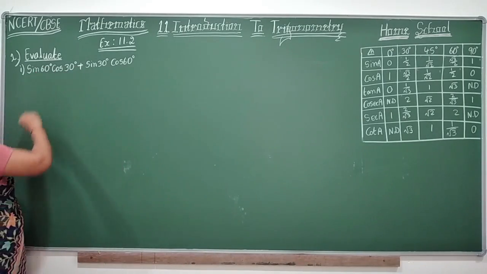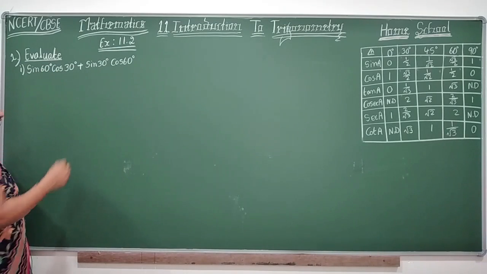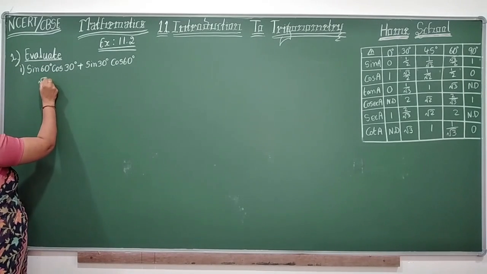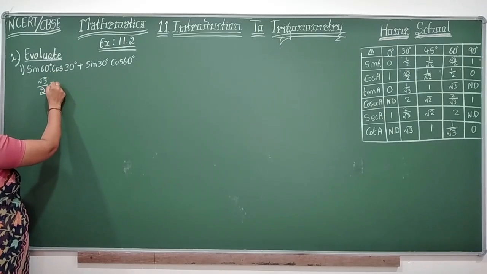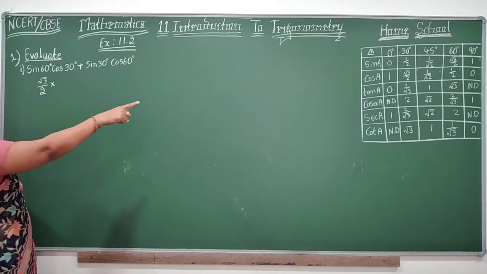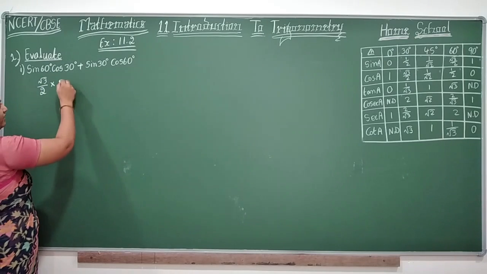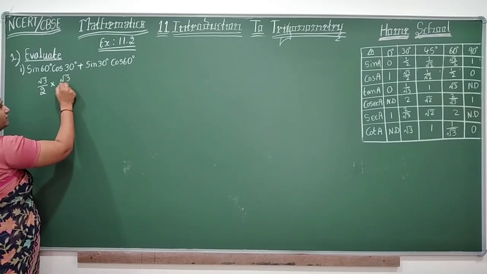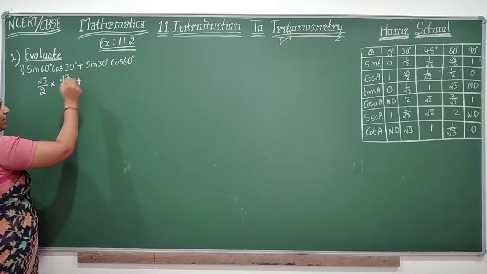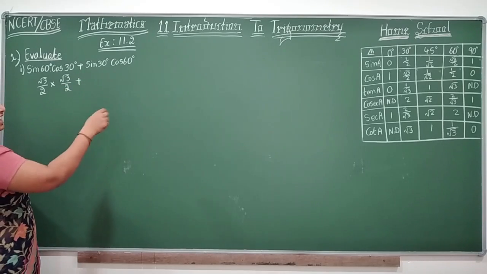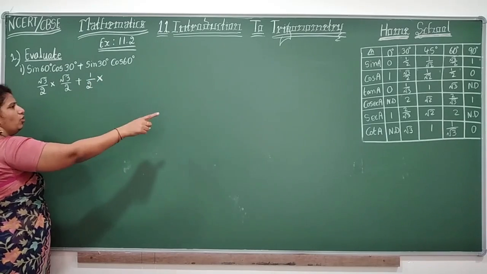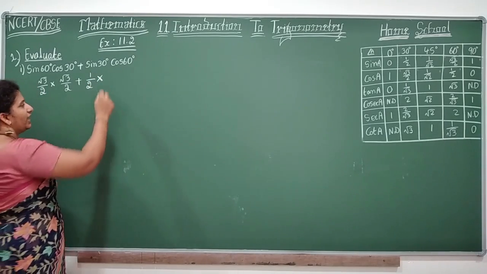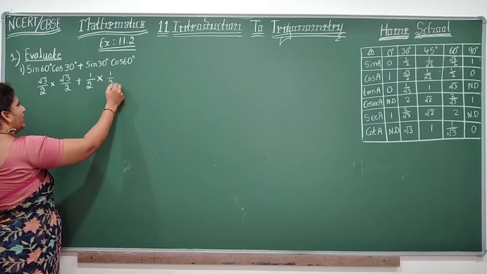Look here, children, sine 60 value is root 3 by 2. Here the dot means into. Cos 30 again will be root 3 by 2, plus sine 30 value is 1 by 2 into cos 60 value, that is also 1 by 2.